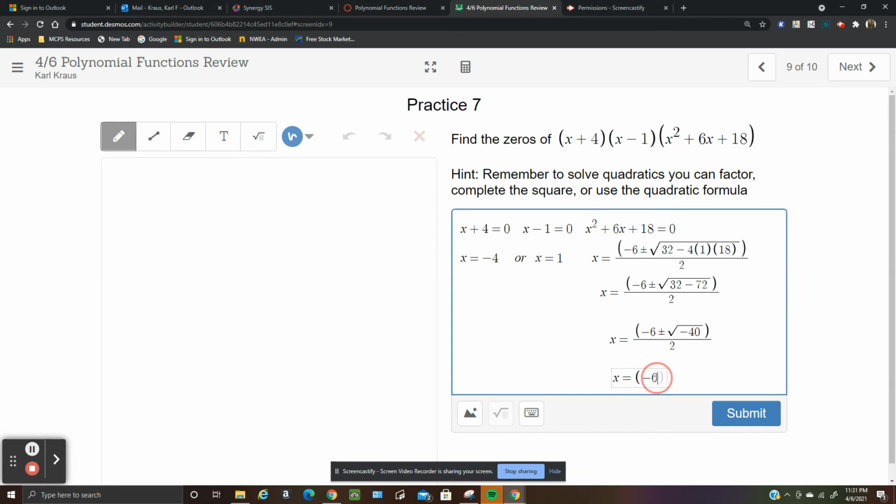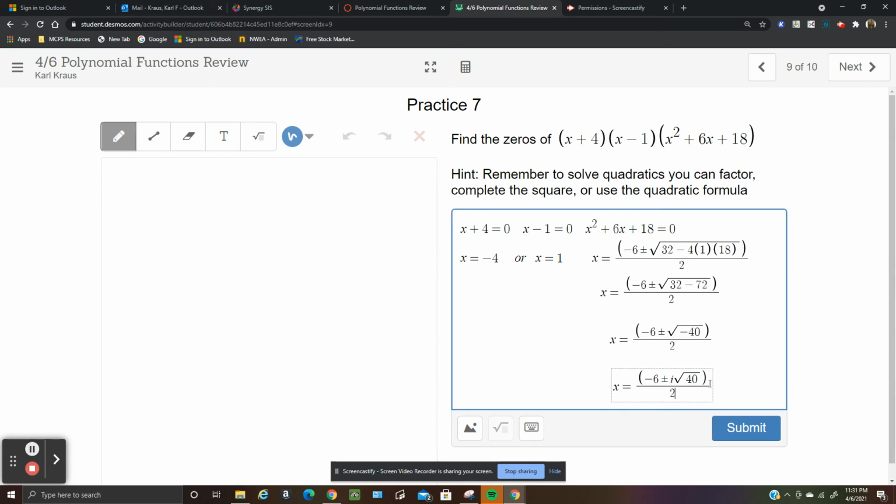The square root of negative 40 over 2, we can just leave it like that.